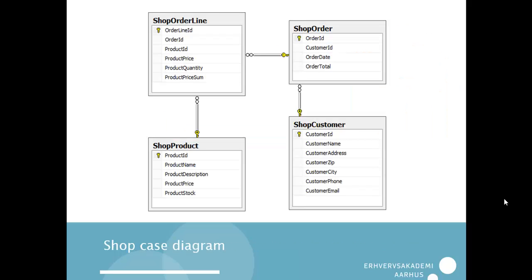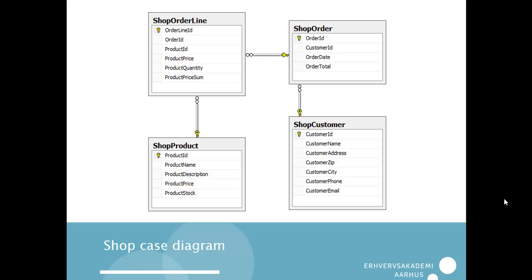In this presentation, I will use these four tables as my shop case, and this is the diagram of the case. We have the customer, and the customer can place an order in the shop, and the shop order will contain a number of order lines.